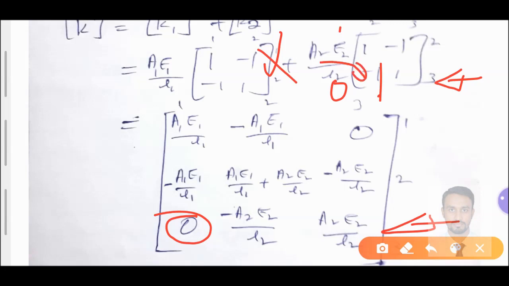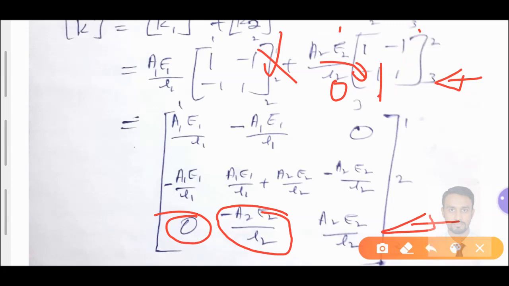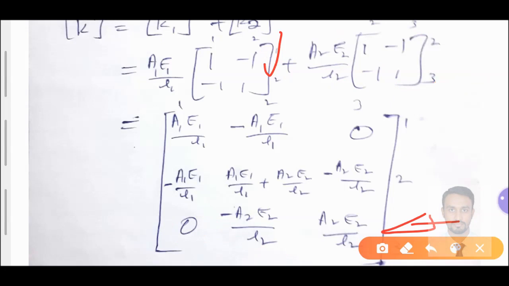Multiply this value inside to minus a2 e2 divided by l2. Then third row third column is here, that is equals to 1. So multiply this value inside, so a2 e2 divided by l2. We got this assembly matrix 3 cross 3, all the values.